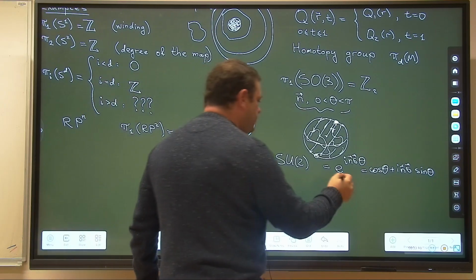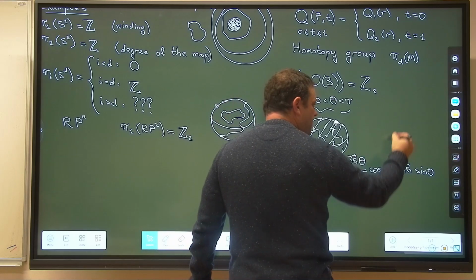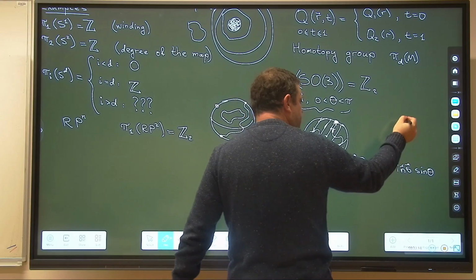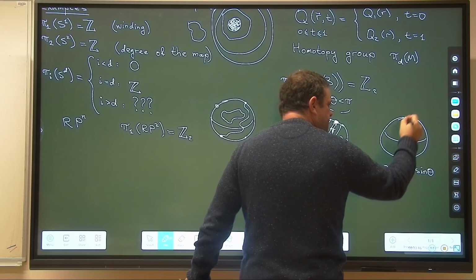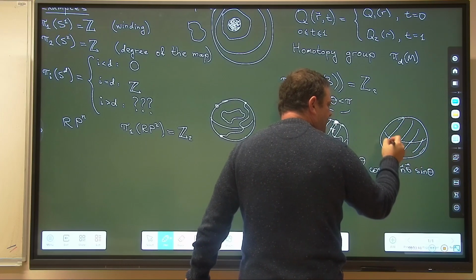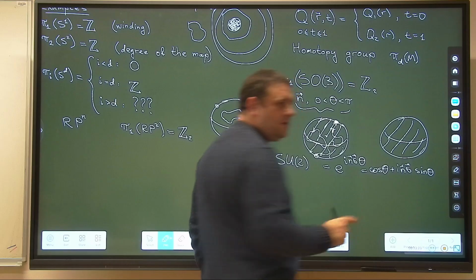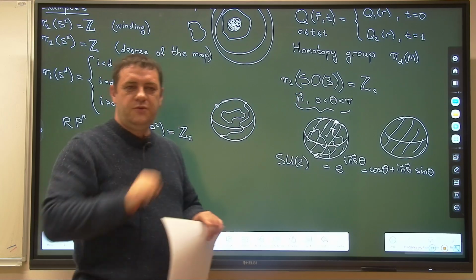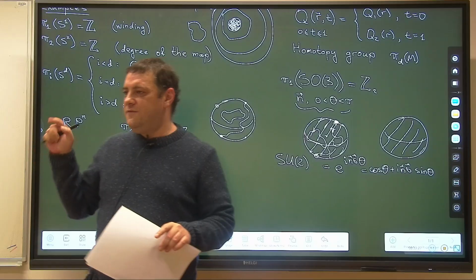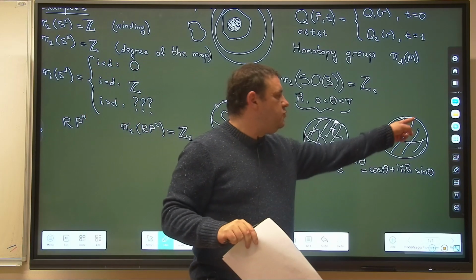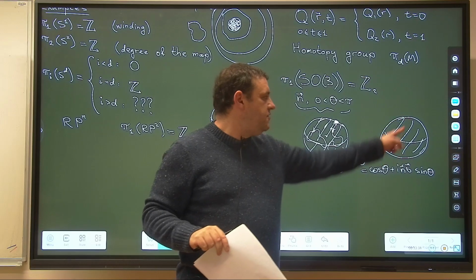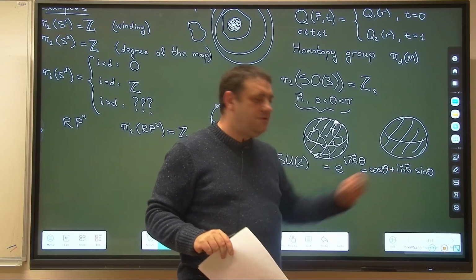The difference is the following. SU2 is also a solid ball. It's like a ball which is filled inside. We have unit vector n, direction, and angle theta, which goes from 0 to pi. But there is a very important distinction. Whenever you reach the surface of this ball, theta equals pi, what happens?